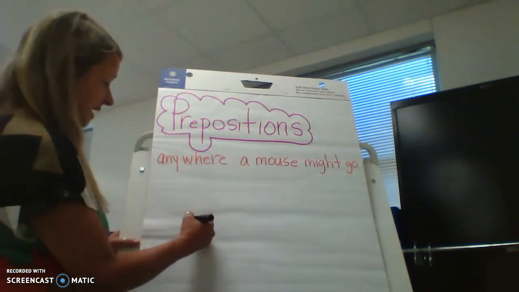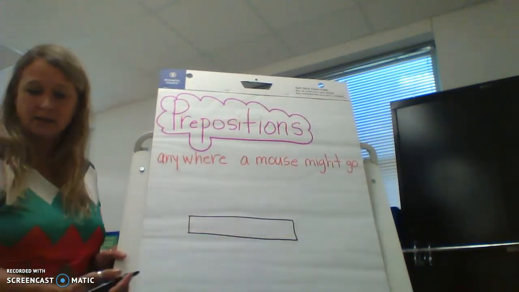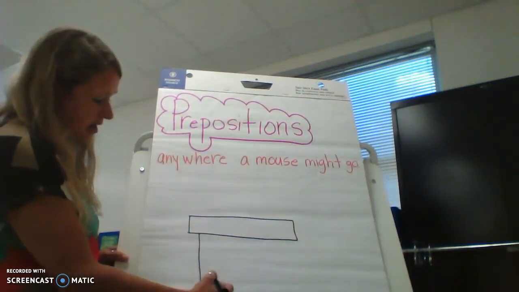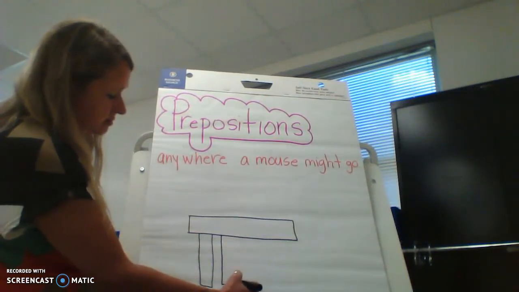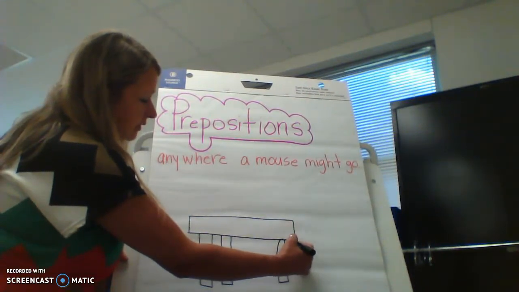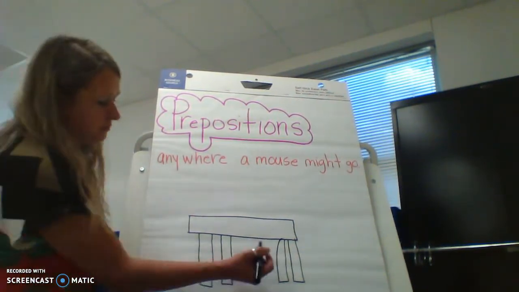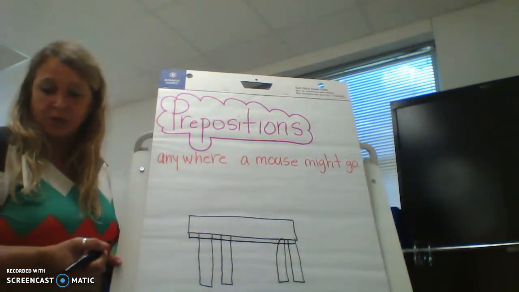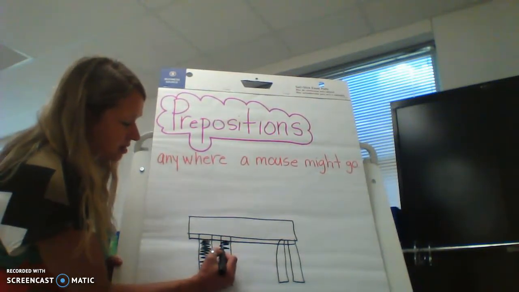Okay, so you're going to draw a table. A table has how many legs? 1, 2, 3, 4. Okay, so there's the table. Now, think about where a mouse might go in your house.